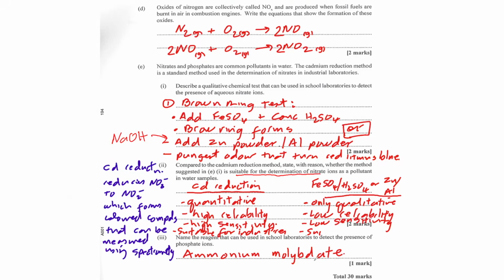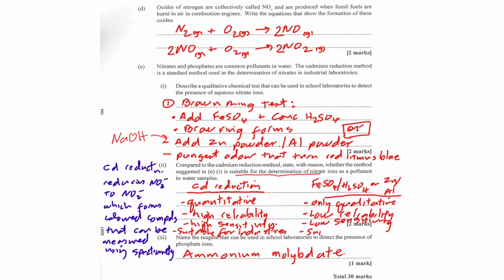I mean, it is suitable to identify that nitrate ions are present, but not to determine the amount of nitrate ions present, because the cadmium reduction method is used to reduce a nitrate to nitrite, and then you form a colored compound which can be used in the spectrophotometer to quantitatively tell the amount of nitrate ion present.